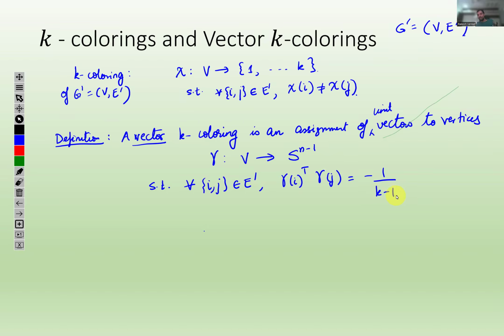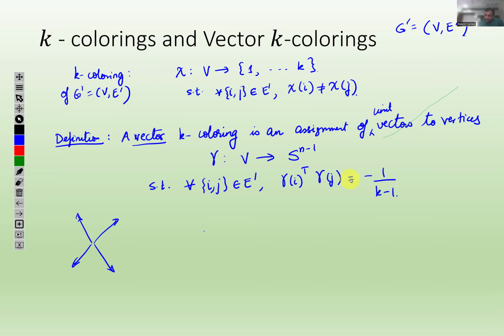Somewhat odd. What does this mean? You have vectors for the vertices instead of usual colors. But what this is saying is that if ij is an edge, then those vectors should be at a certain angle, and that angle is actually obtuse, not acute. It's like minus 1 over k minus 1.